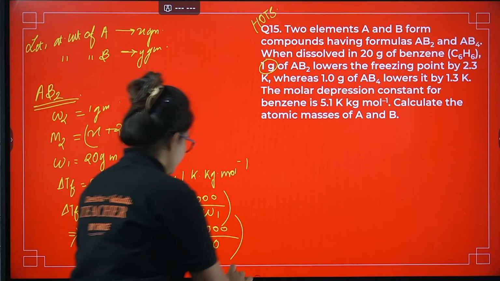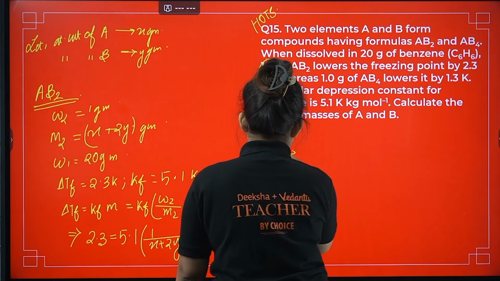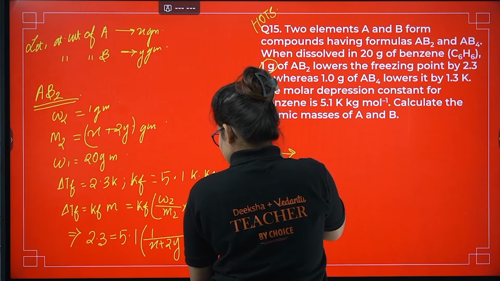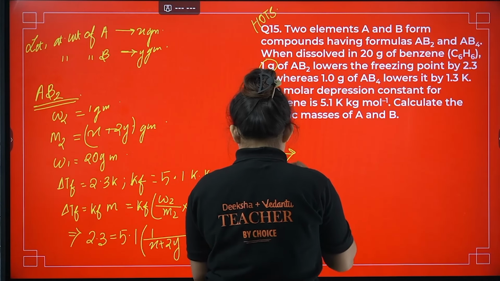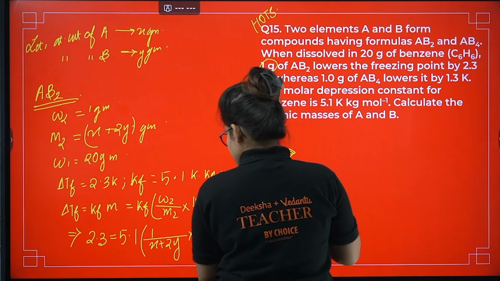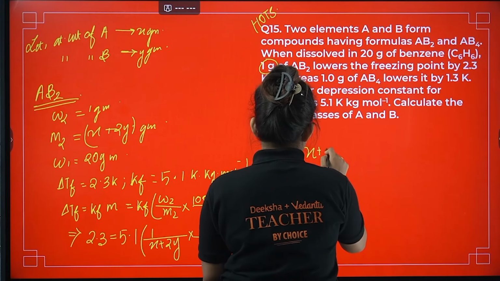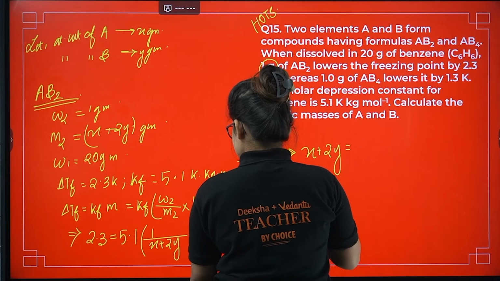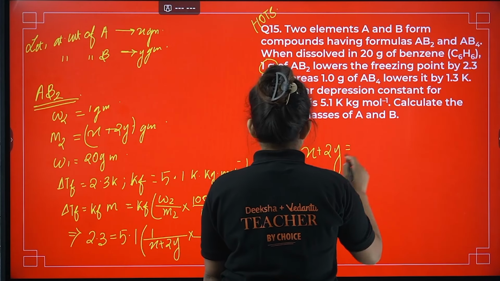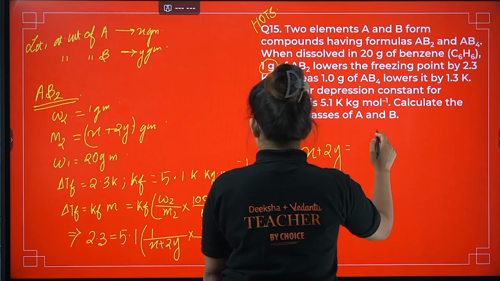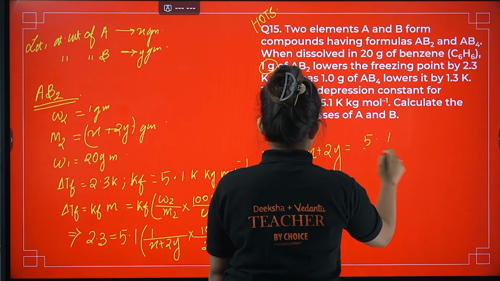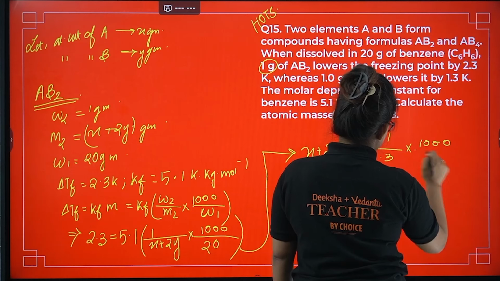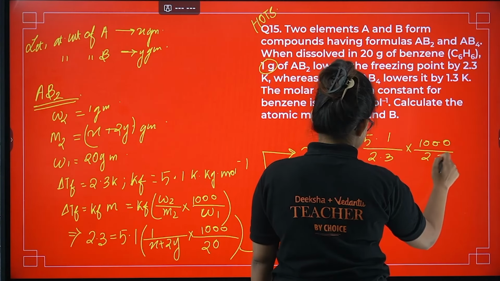Now if I simplify this, I need the x plus 2y value. So this is going to be 5.1 divided by 2.3 into 1000 by 20.